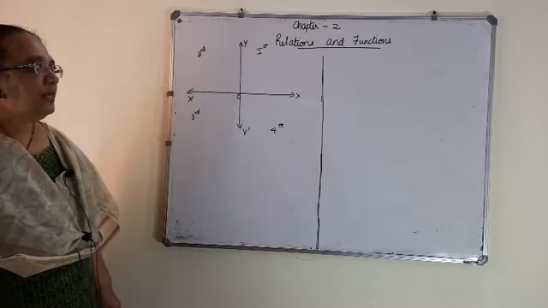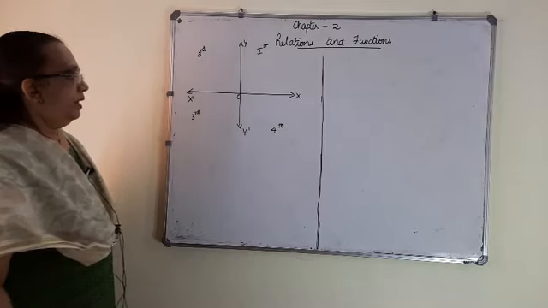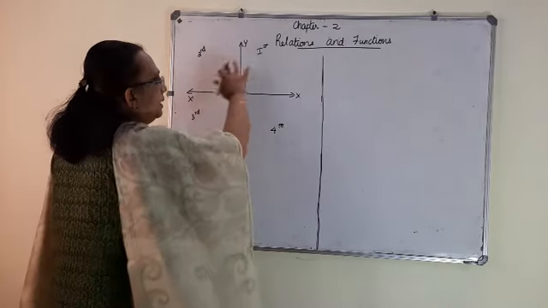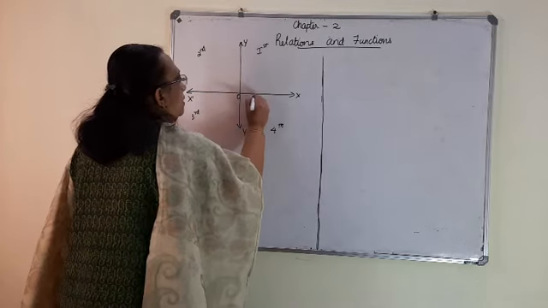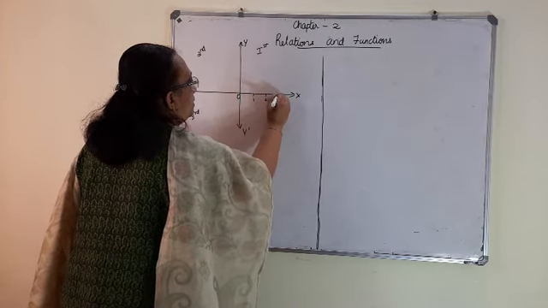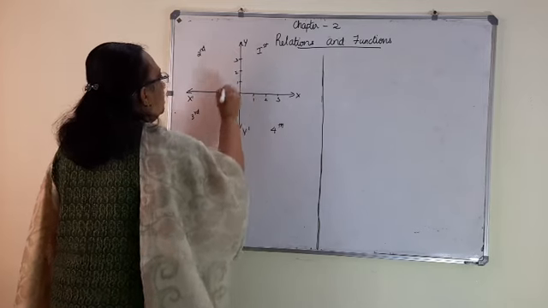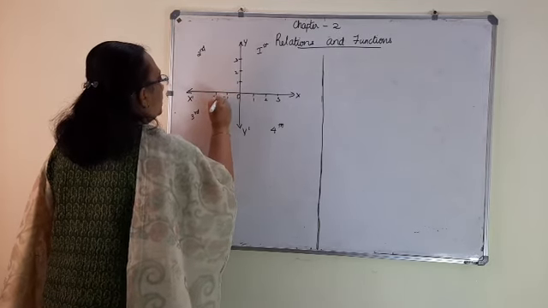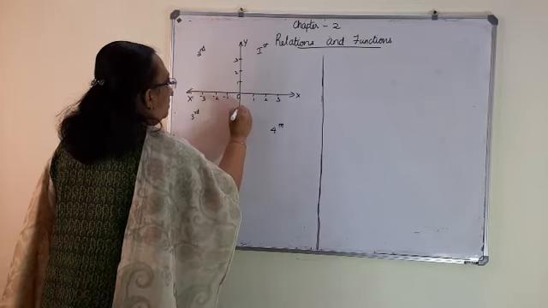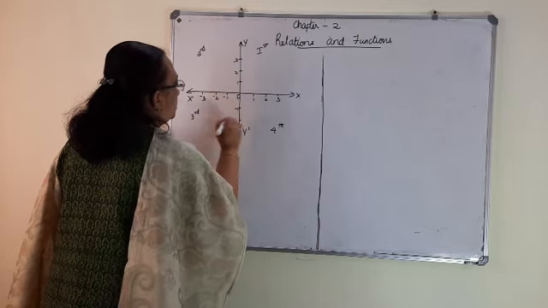Now we are going to study about Cartesian product. When you study a Cartesian plane, suppose let us mark some points: 1, 2, 3, minus 1, minus 2, minus 3 on the axes.